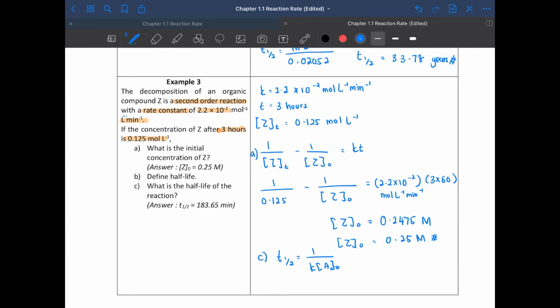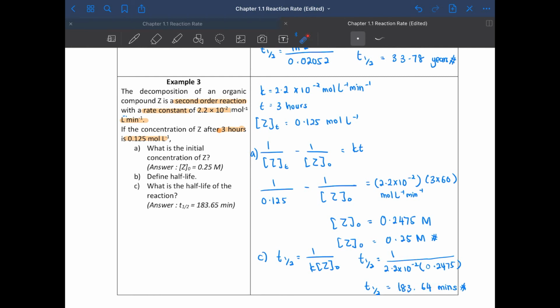Again over here I will substitute A with Z lah, sebab our reactant here adalah Z. So T half kita substitute je nilai, T half equal to 1 over K adalah 2.2 exponent -2, Z kita yang baru kita calculate tadi adalah 0.2475. So T half equal to 183.64 minute. So half life untuk second order reaction ni adalah 183.64 minutes.